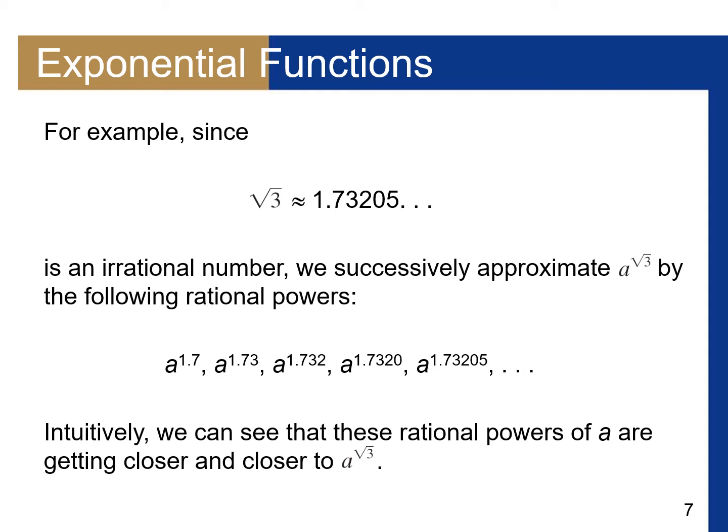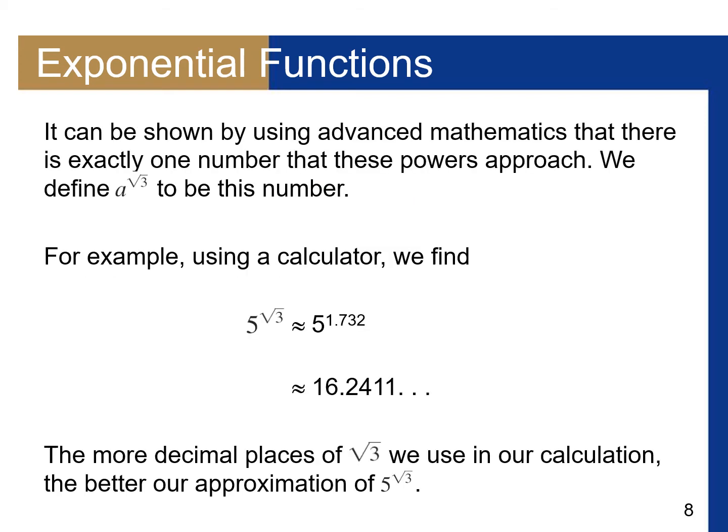So in other words, they're showing you here that this square root of 3 is 1.73205. We might just use 1.7 to approximate what a to the square root of 3 would be. Here we have 5 to the square root of 3.